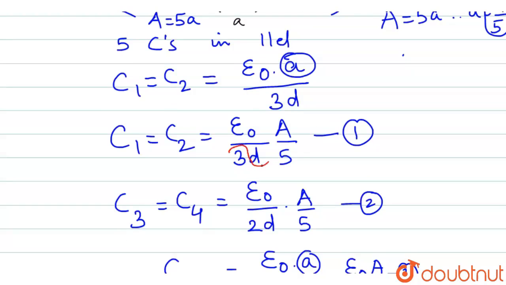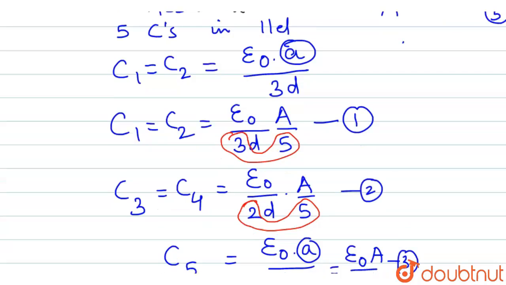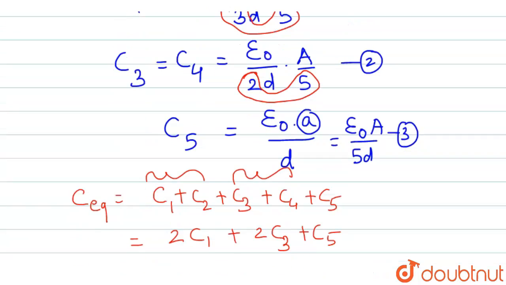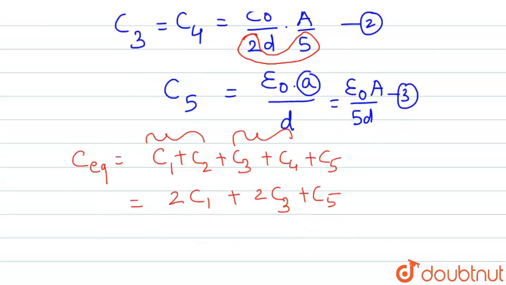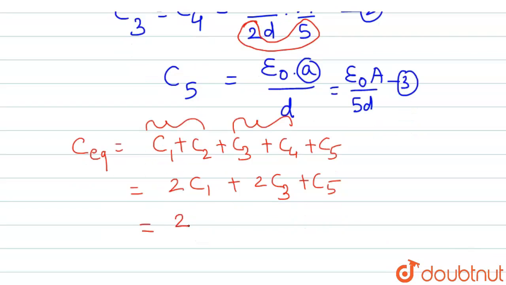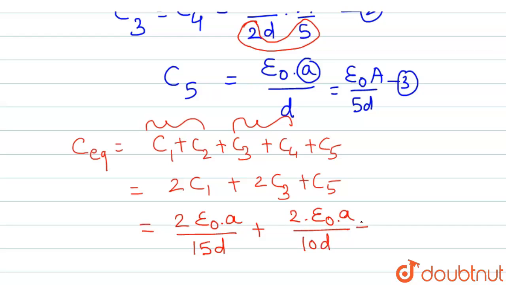This is 3 5s are 15, and in this case 2 5s are 10. So in place of C1 we can put epsilon 0 into A divided by 15d, plus 2 into epsilon 0 into A upon 10d, plus epsilon 0 into capital A upon 5d.